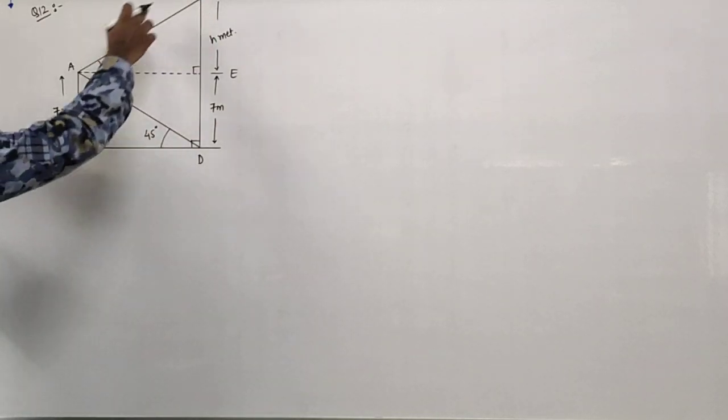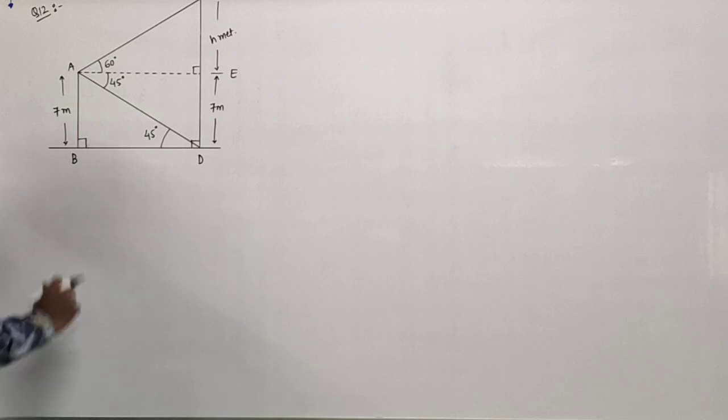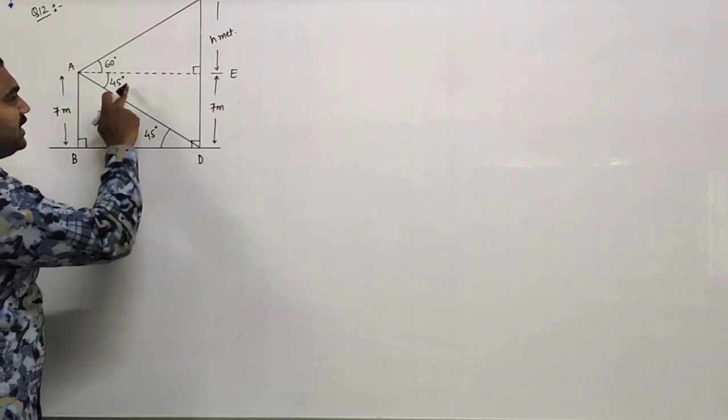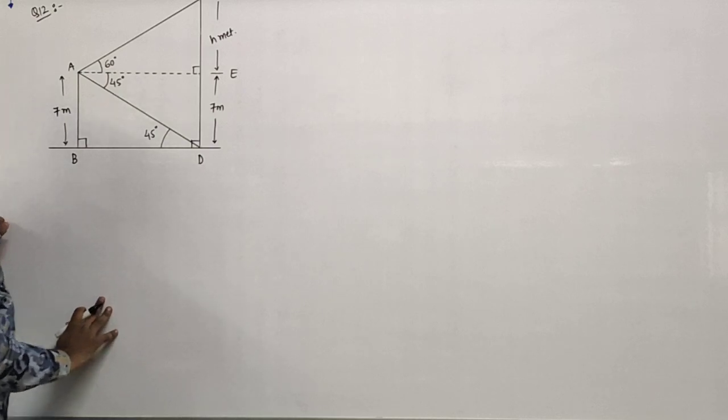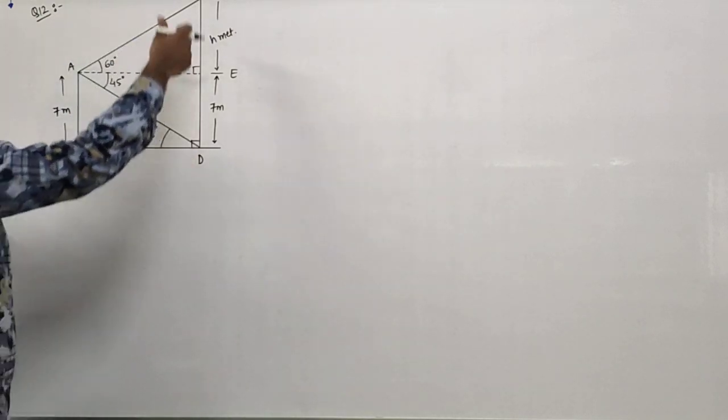He looks to the top of the tower at point C, making an angle of elevation 60 degrees. From the same point A, he is looking to the bottom of the tower, making an angle of depression 45 degrees. We need to find out the height of the tower, that means this whole height CD.